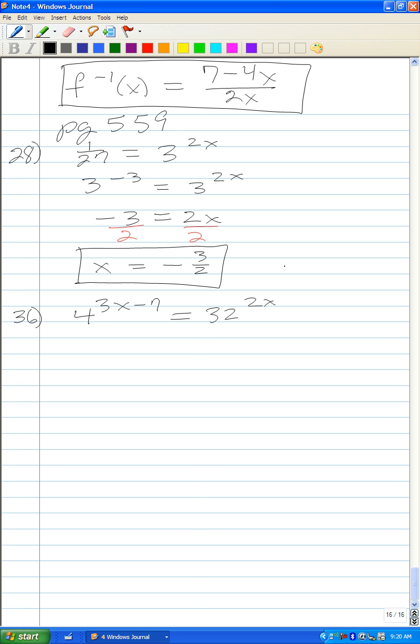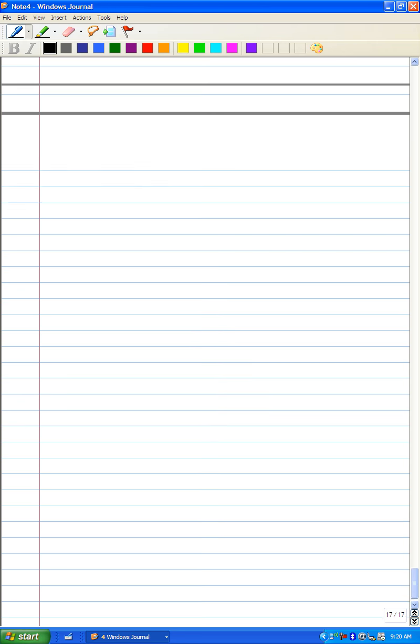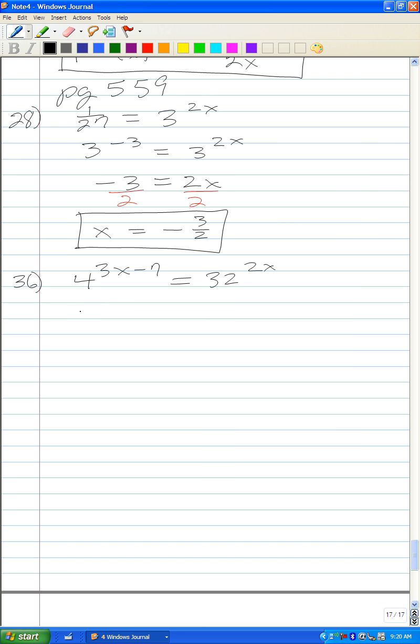So let me first find a common base, 2. 2 squared is 4. 2 to the 5th is 32. 2, 4, 8, 16, 32.